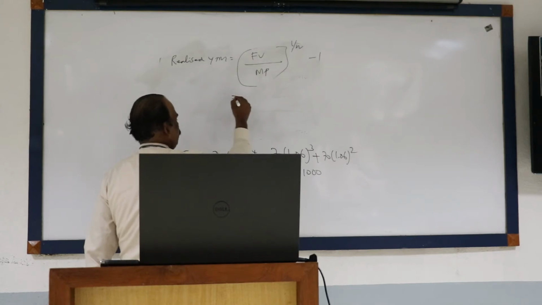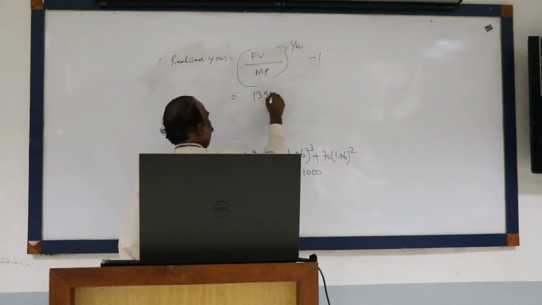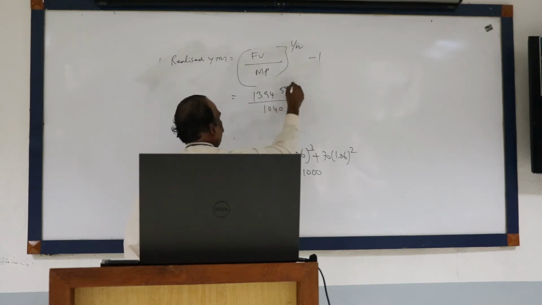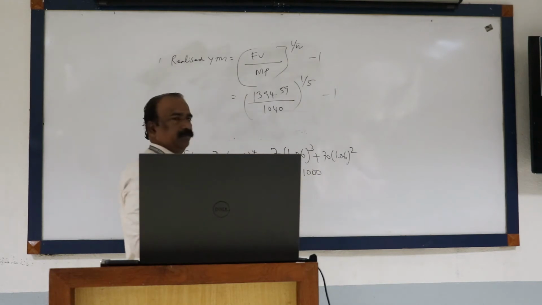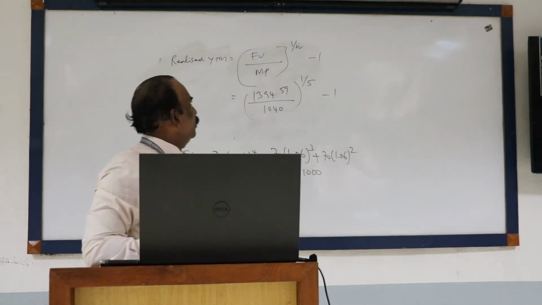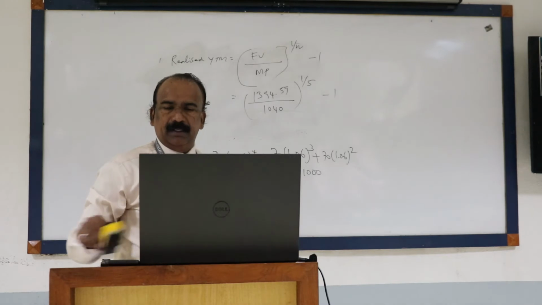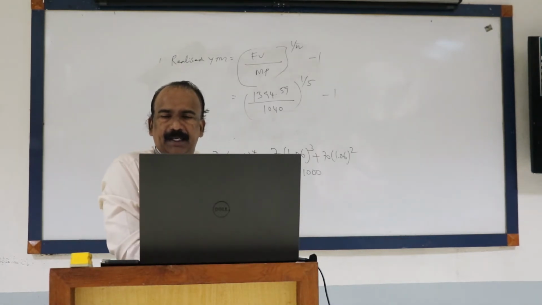So future value is 1394.59. Market price is 1040. Power 1 by 5 minus 1. 1394.59 divided by 1040, power 1 by n, minus 1.